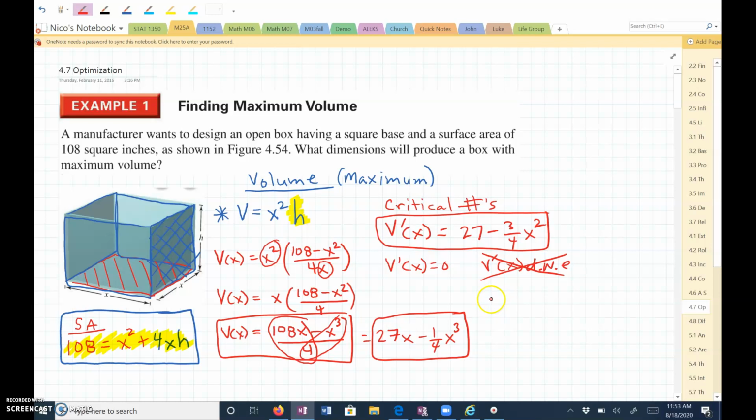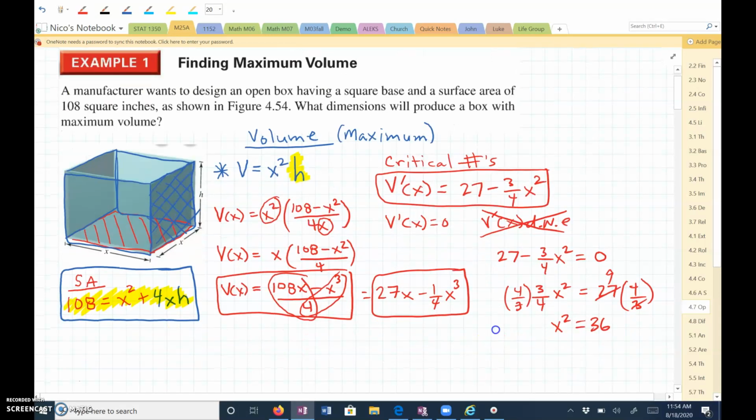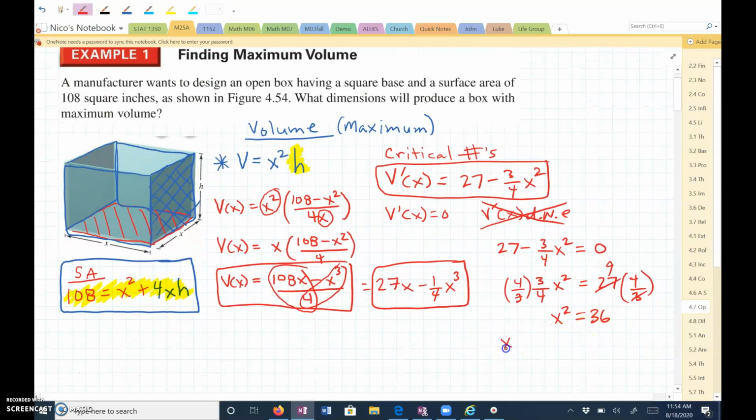Let's take 27 minus 3/4 x squared, set that equal to 0, and then this would be 3/4 x squared equals 27. Then let's multiply by 4/3. This would be x squared equals 36. Square root both sides, x would equal plus or minus 6.